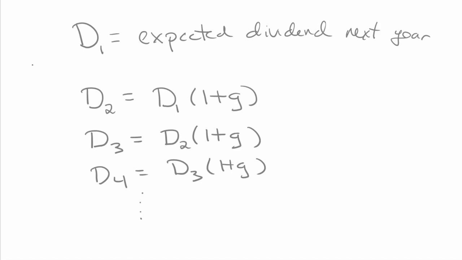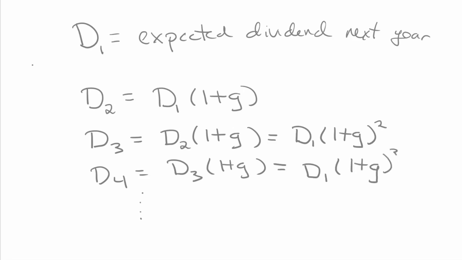So we see that D3 is really D1 times 1 plus g squared, and D4 is really D1 times 1 plus g cubed.